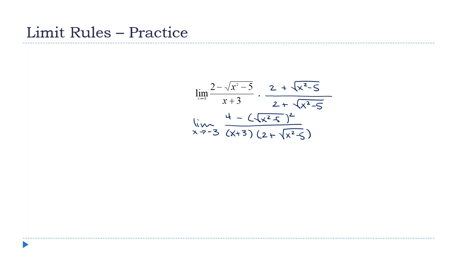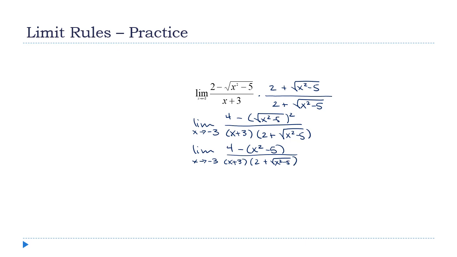All right, so look at what's happening up on top. The top becomes the limit as x approaches -3 of 4 minus the quantity x squared minus 5, over this kind of messy denominator, 2 plus the square root.